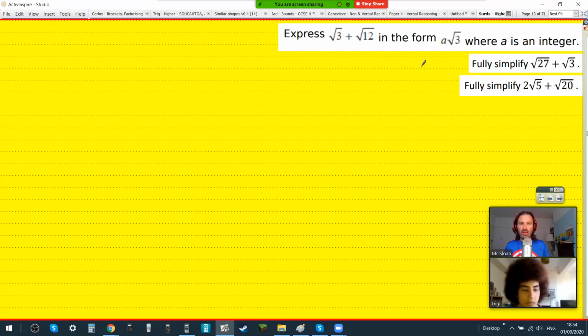Root 12, could it be root 4 and root 3? Mm-hmm. And root 4 is 2. So we need 2 root 3. So it'll be 2 root 3 is the answer.